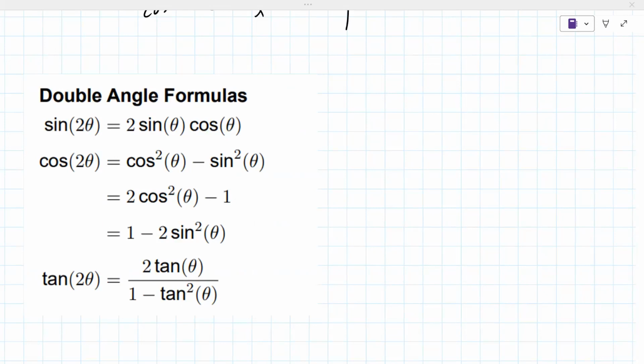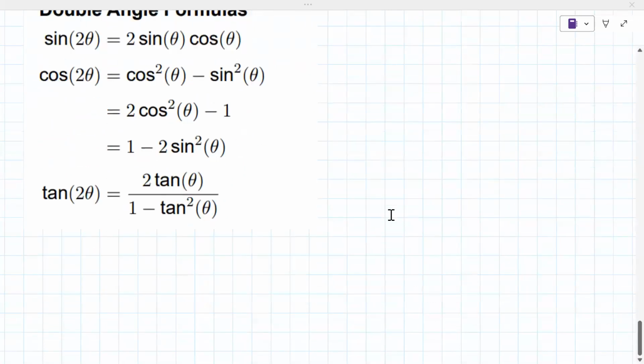So let's look at some problems here. The problems are kind of similar to these. I'll just make up one here to start.